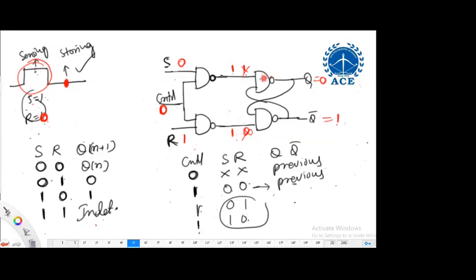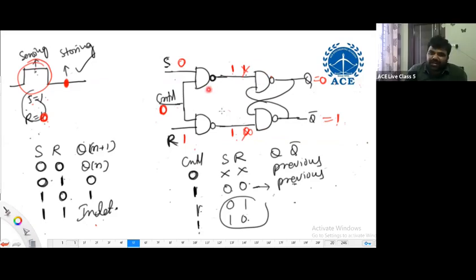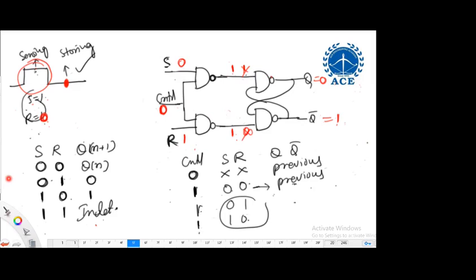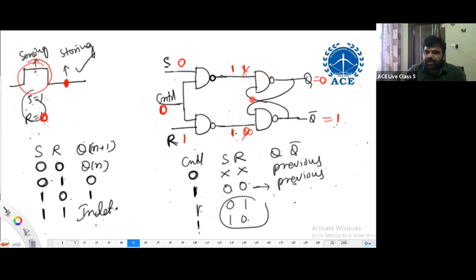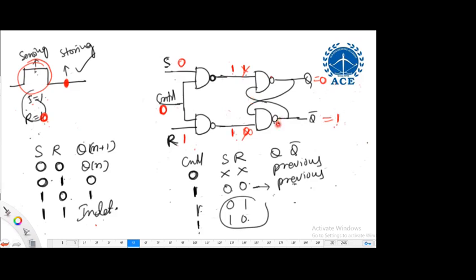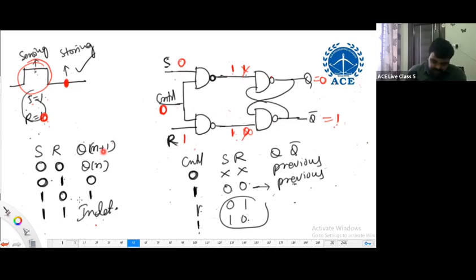You are combining one concept from NAND gates and one concept from NOR gates. When 1 is applied, it remains the same, because complementary outputs are there. 1 is applied, remains the same, the previous state.